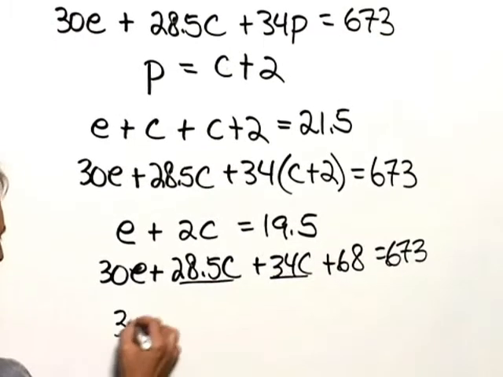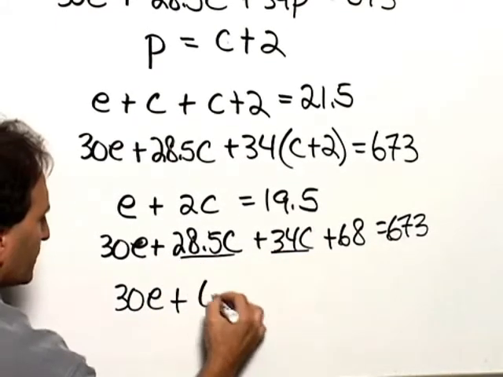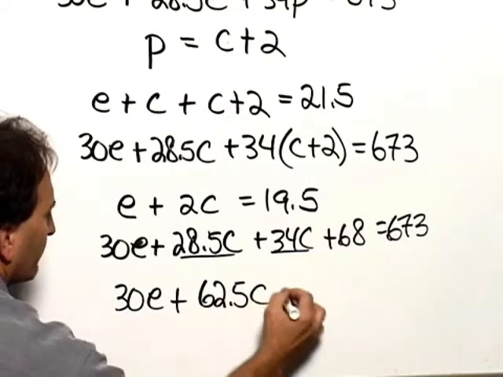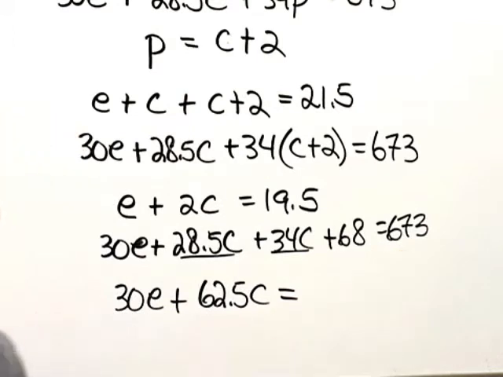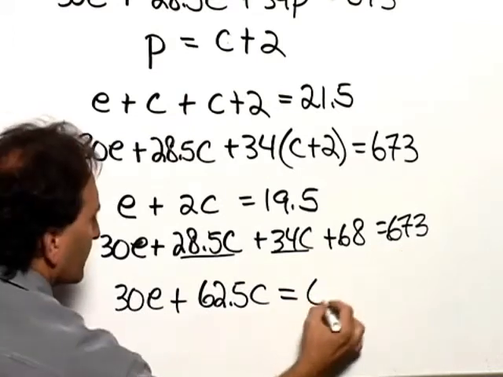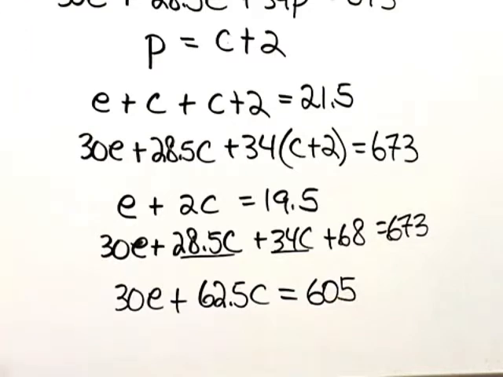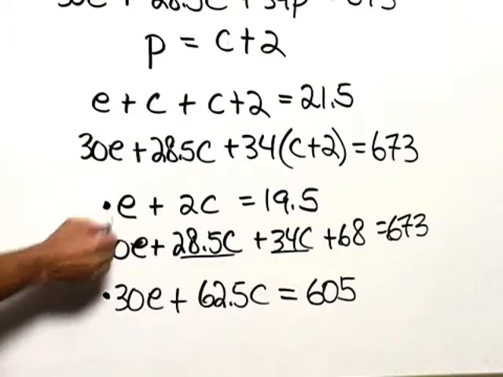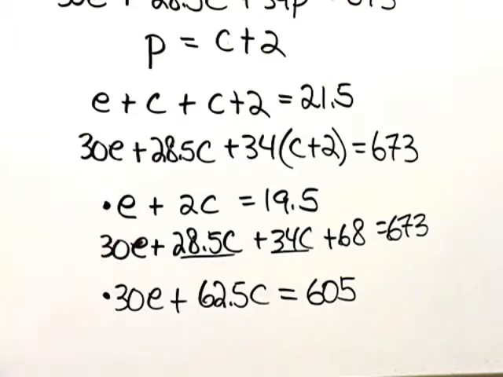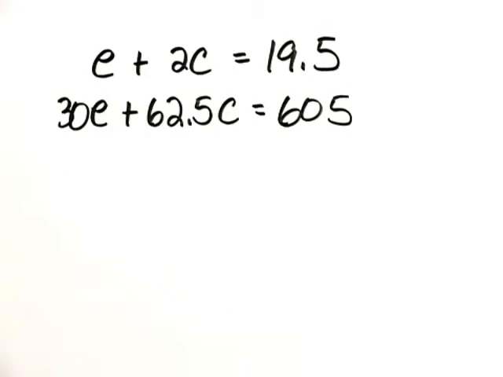So we have 30E plus 62.5C, and also subtract 68 from both sides. That would give us 605 on the right-hand side. So the 2 equations we're now going to work with are those 2.